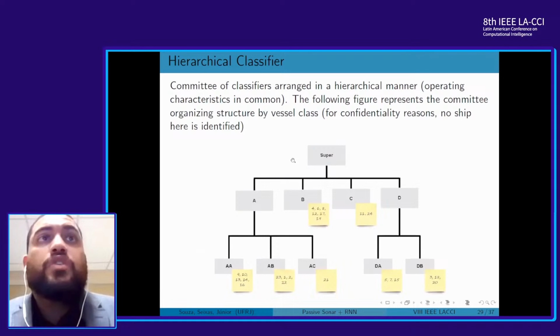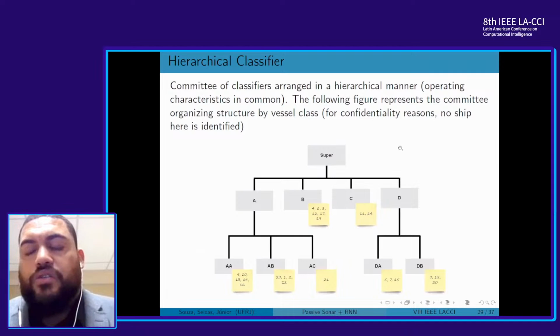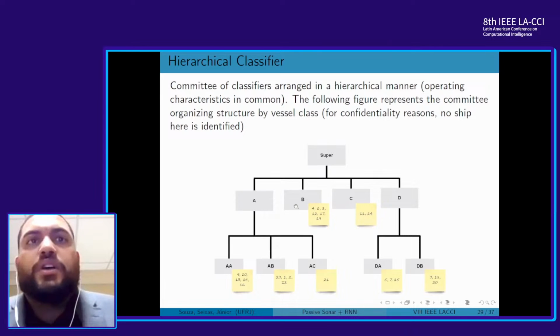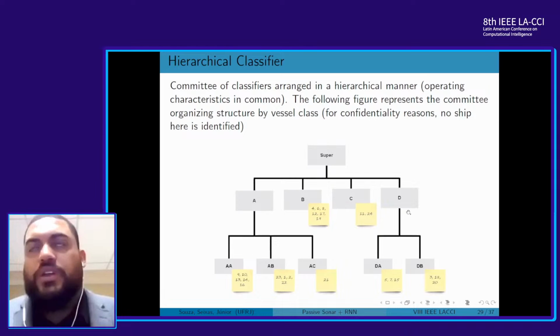Okay. So our classifier was arranged in a hierarchical manner. We use these super class labels to compress these 24 classes into four huge classes that we use here for classification purposes.